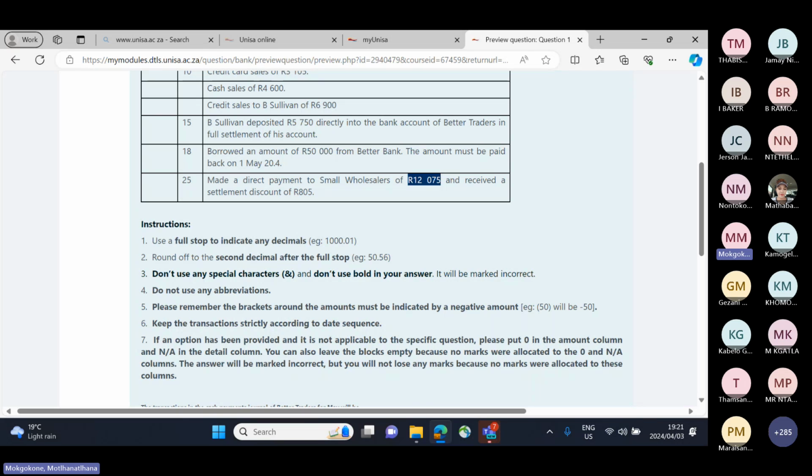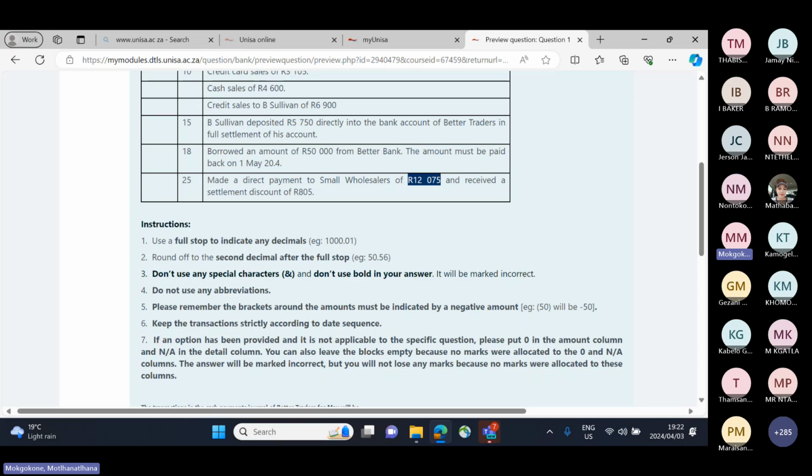If you say 805 minus 105, 700 will be your settlement discount and 105 will be your VAT output, because now you cancel what you claimed more from SARS.